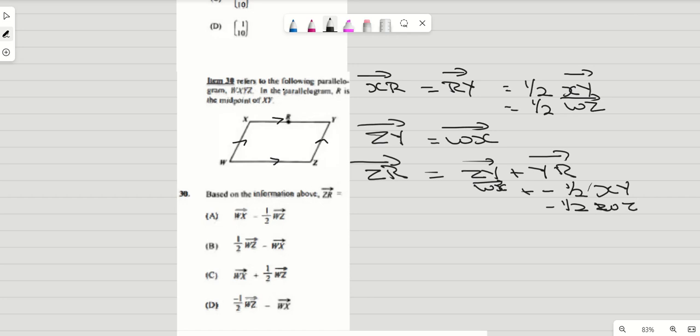Let's see what they have here. So this would be WX minus a half WZ, which is E. You just look for what the option says. So once we know our parallel lines, we know how to get ZR.